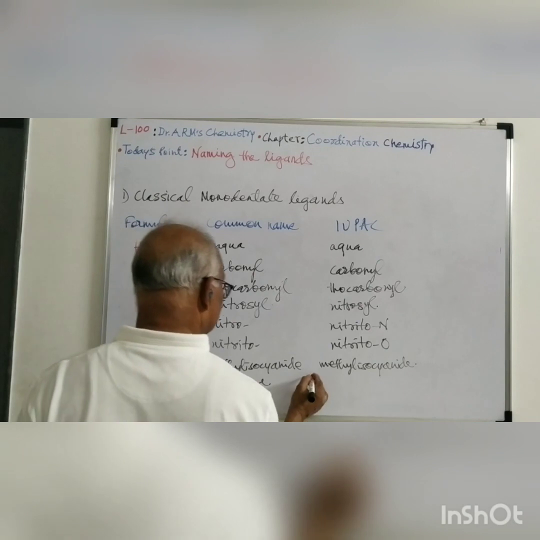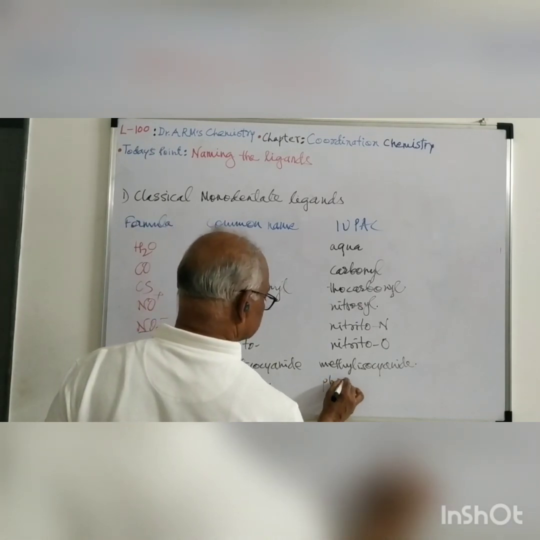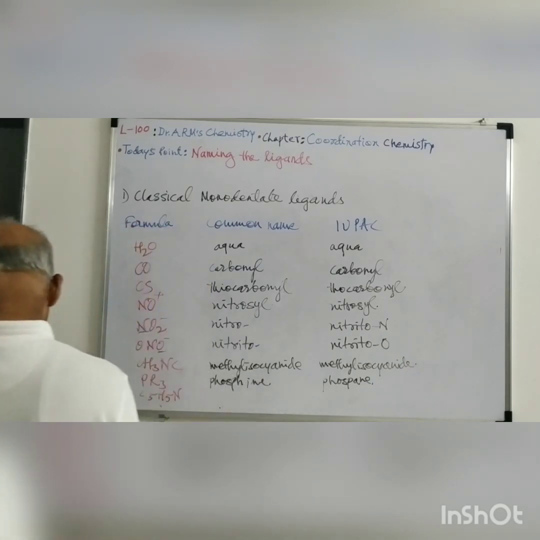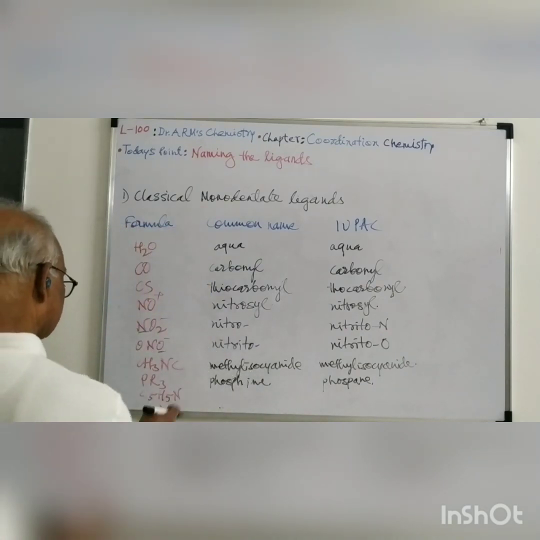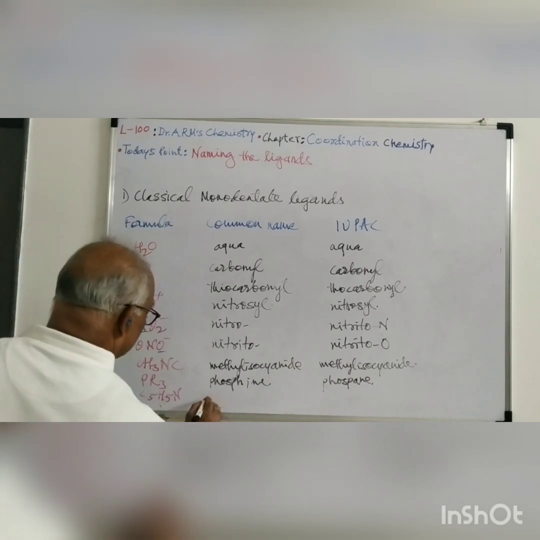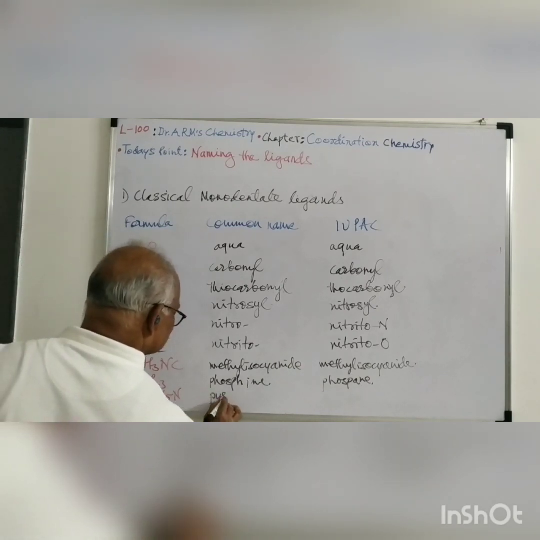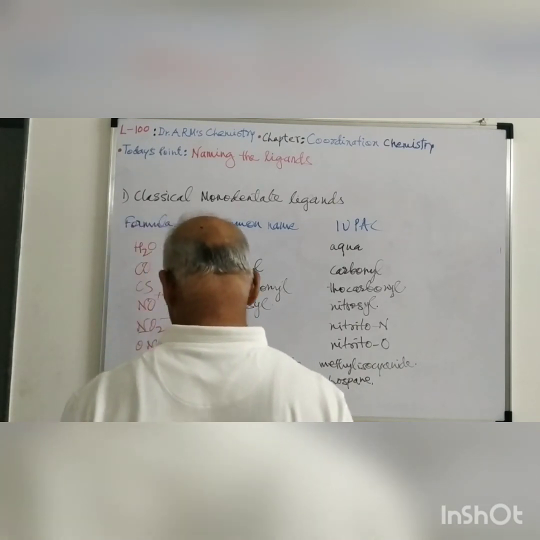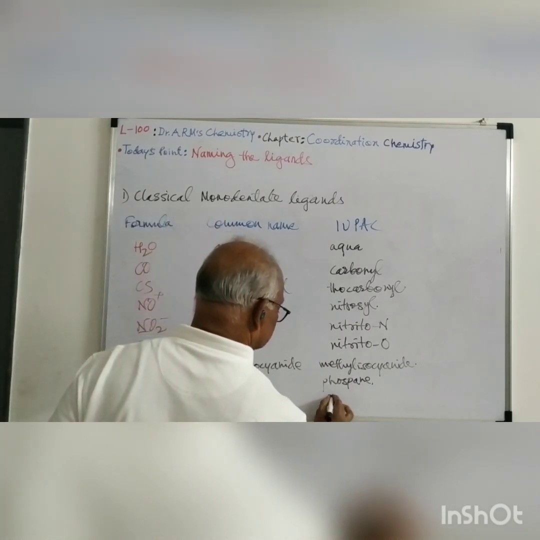Phosphine is called phosphane by IUPAC. Then another is pyridine. This is pyridine, and it is also called pyridine.